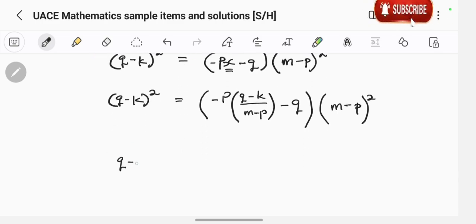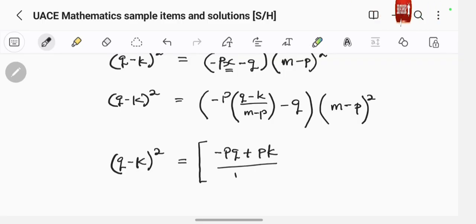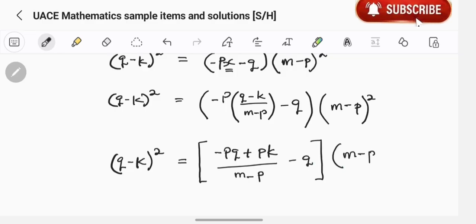It's going to give us q minus k squared equal to, open those brackets, we end up with negative pq plus pk divided by m minus p minus q, m minus p squared, like that.